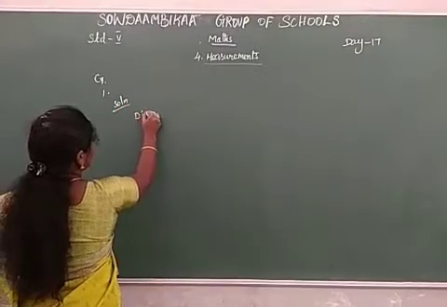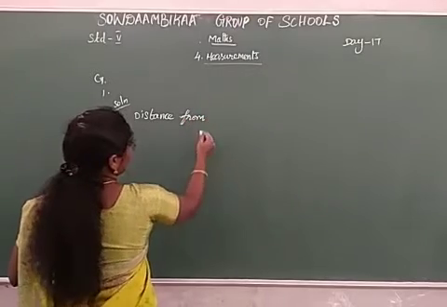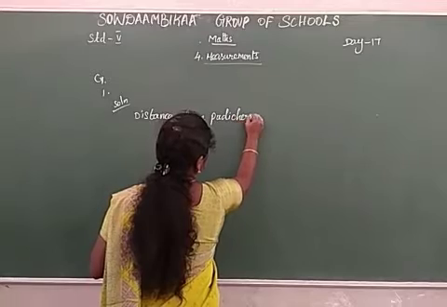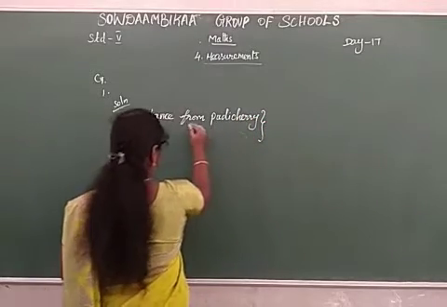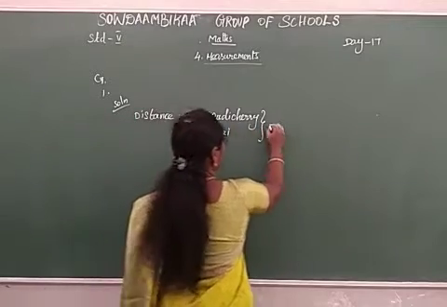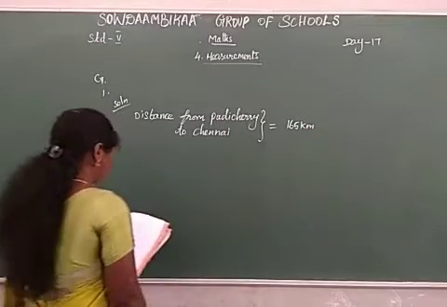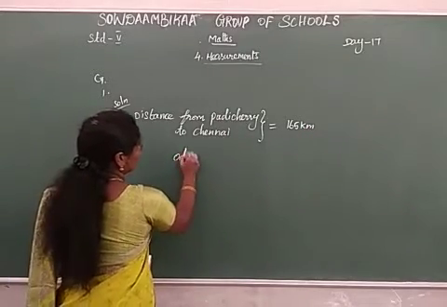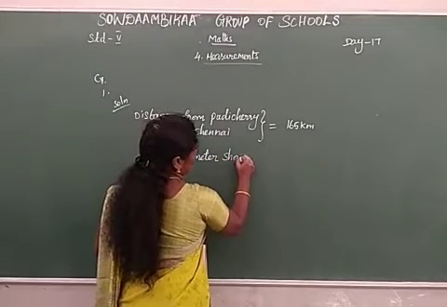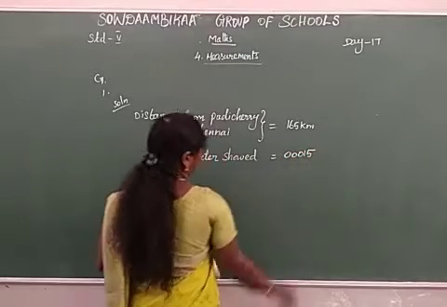The distance from Puducherry to Chennai, how many kilometers? 165 kilometers. Next, the odometer showed 00015.